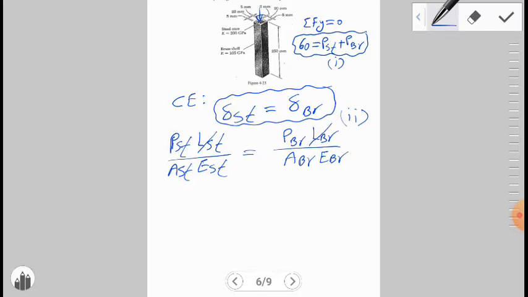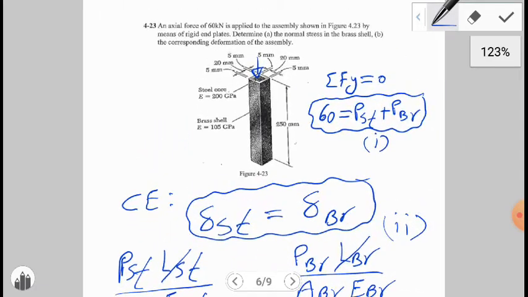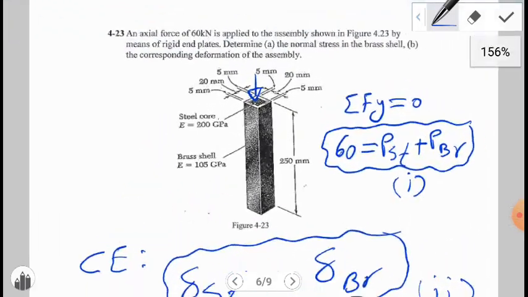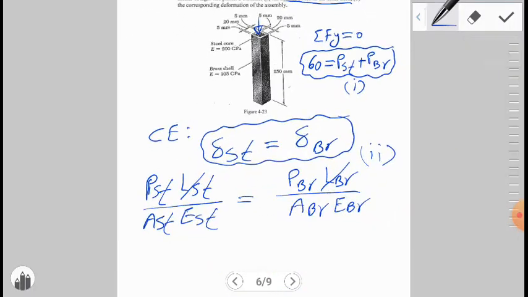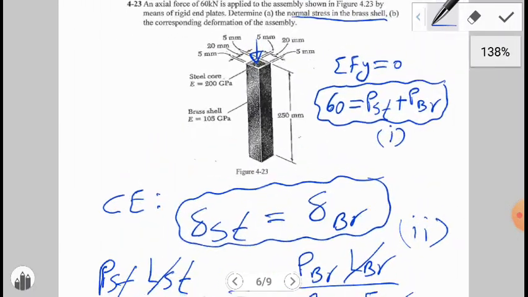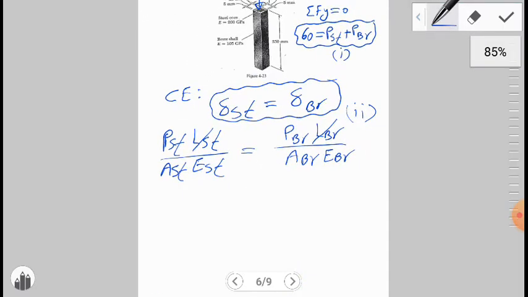P steel and P brass are unknown. What is the question? Actually, in part A, we need to find the normal stress in the brass shell. For finding the normal stress, sigma is equal to P over A. It is necessary to find the P brass.